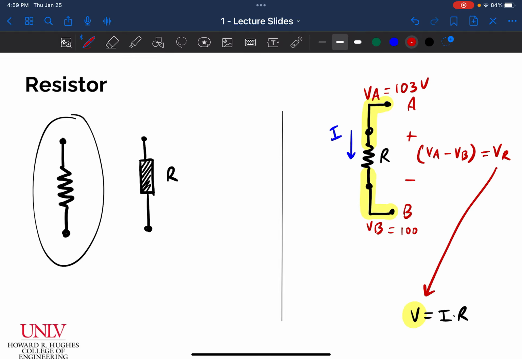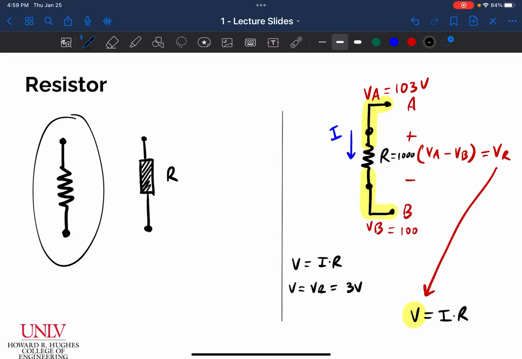And so just to make this complete, let's just say that I knew that this was a 1000 ohm resistor, okay? Then I would be able to solve for the current in my circuit. I could say V is equal to I times R, and I could say, oh, well, my V I know is VR, which is 103 minus 100, or 3 volts, right?